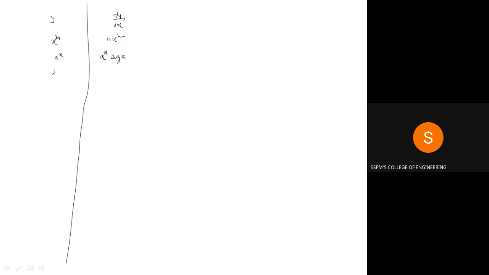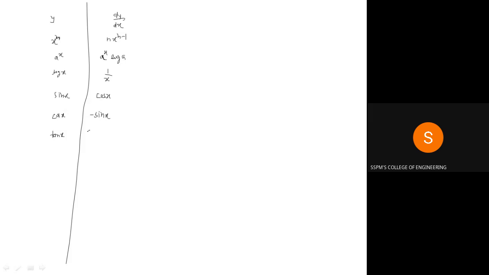Log of x, what is its derivative? The derivative of log x is 1 by x. Derivative of sin x is cos x. Derivative of cos x is minus sin x.